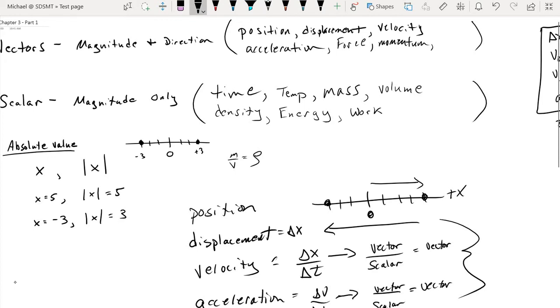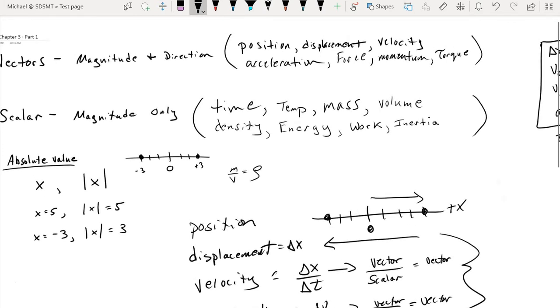Let's see, when we get to the last chapter in this course material, we're going to start talking about rotational systems, and so torque is basically the force equivalent for a rotating body. And then we'll have something called inertia, which will be a scalar.